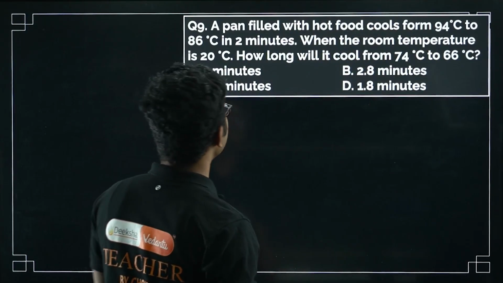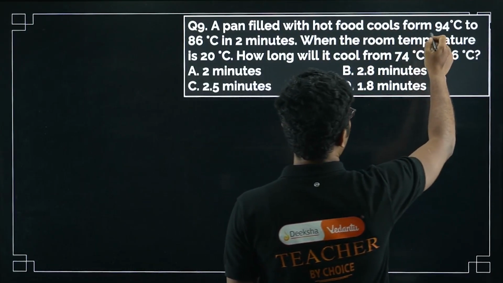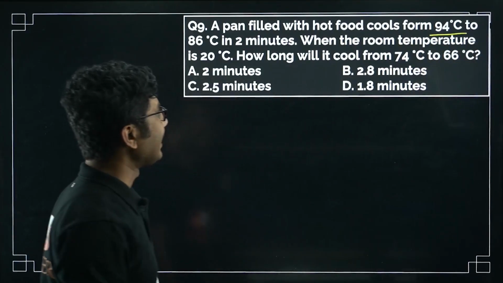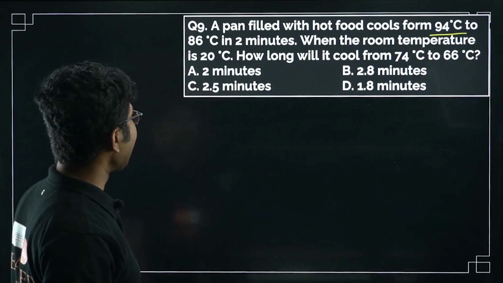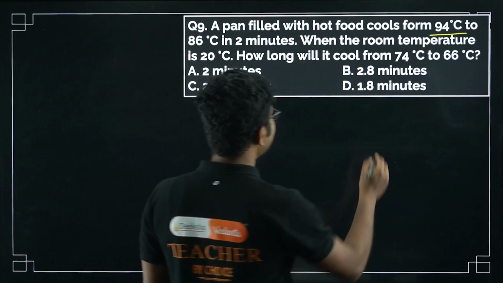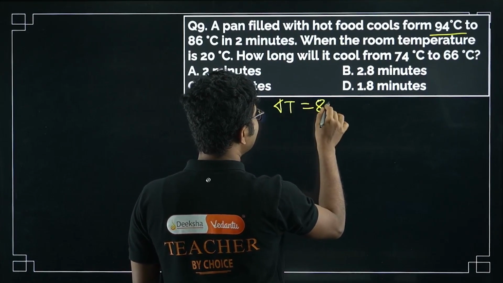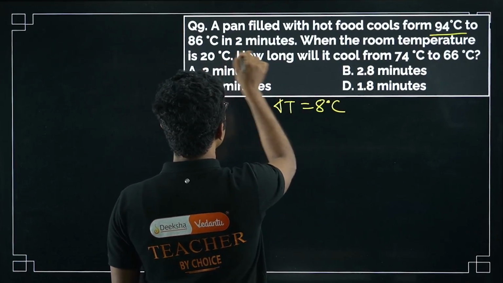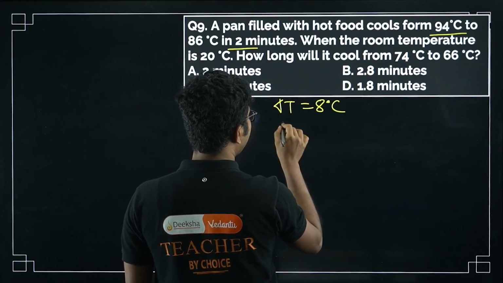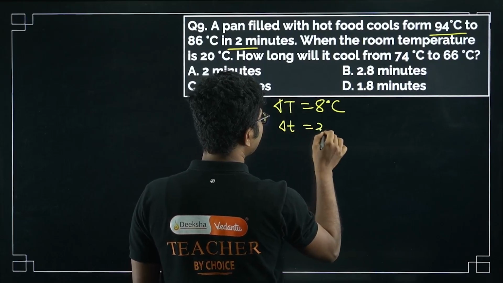The change in temperature is 94 minus 86, which equals 8 degrees Celsius. So in the first case, the change in temperature is 8 degrees Celsius and the time taken is 2 minutes.